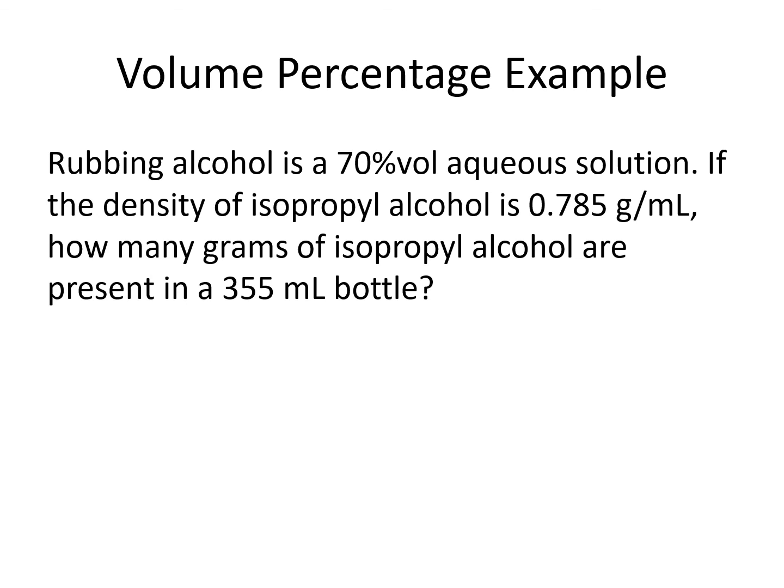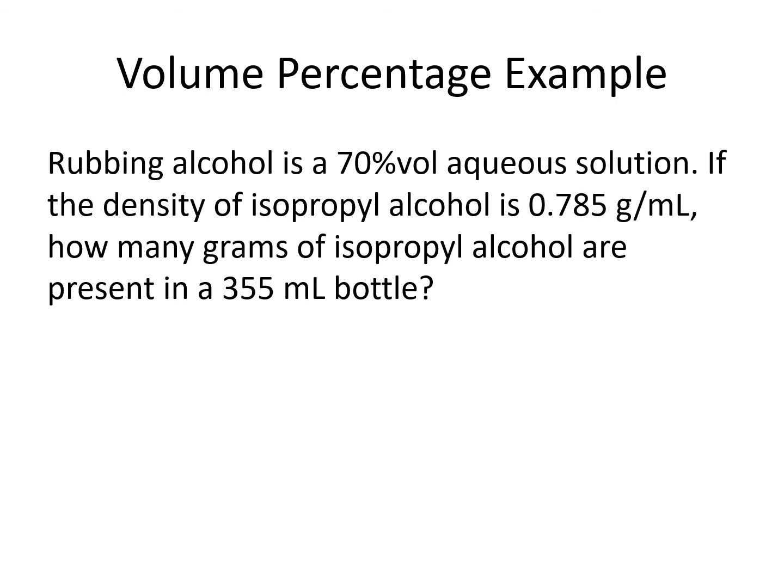So our first step is taking that volume of our solution of rubbing alcohol and using our percent by volume of the rubbing alcohol to find how many milliliters of isopropyl alcohol would be in that bottle. So we take our 355 milliliters of solution. Milliliters solution has to go in the bottom of our conversion factor, and milliliters of isopropyl alcohol is going to go in the top of our conversion factor.